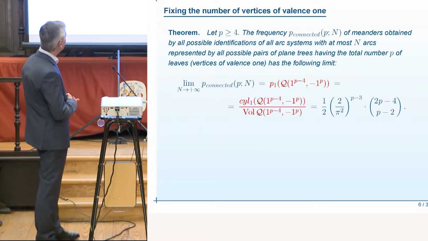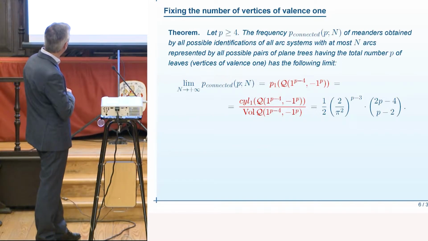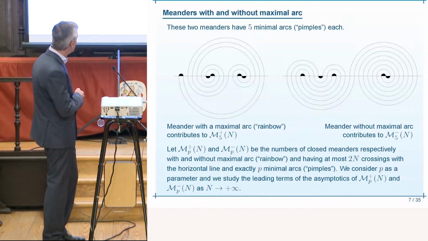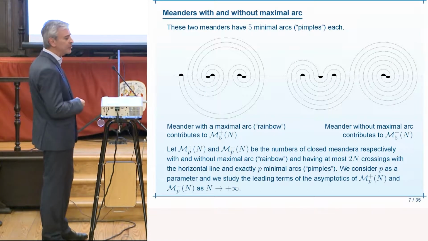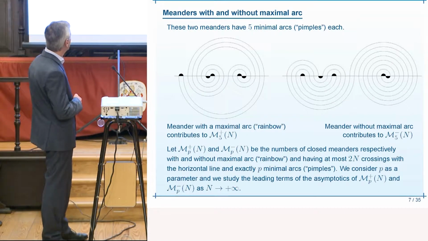So I want to distinguish meanders of two types. Here, a meander on the left has this maximal arc, which is sometimes called a rainbow, which goes from the very left endpoint to the very right endpoint. And a meander on the right doesn't have an arc like this. And as a parameter, I will use, well, it is clearly analogous to the previous parameter P, the number of ends of the tree, the number of these minimal arcs, which are colored in black here on the picture.